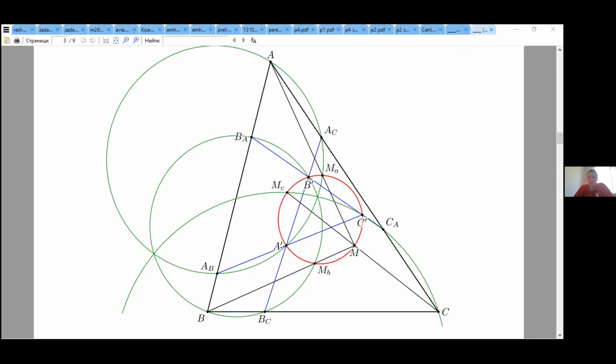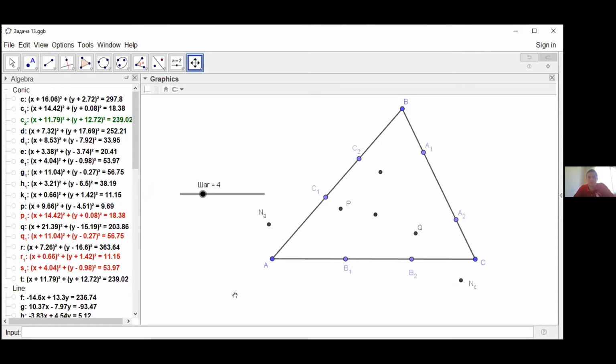Now let us move to the next problem, problem 13. We start from this general construction, an arbitrary triangle ABC, and three pairs of points like A1, A2 on its side lines. Then we construct points like LA and so on. In fact, we do not need points LA, LB.